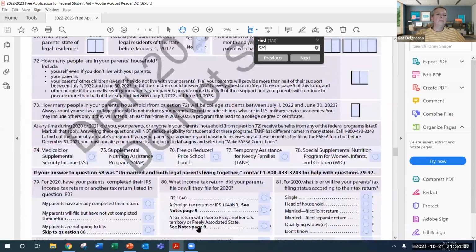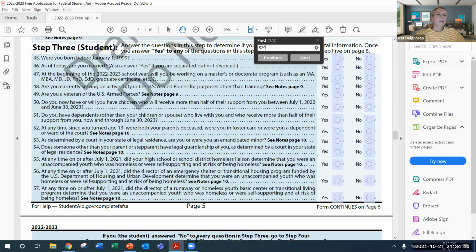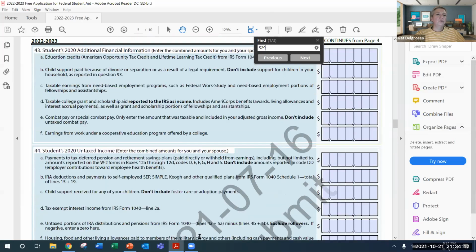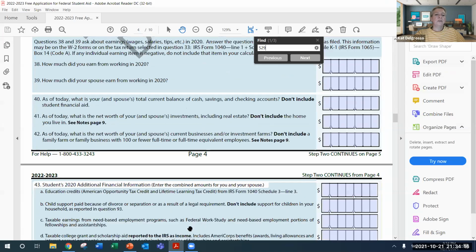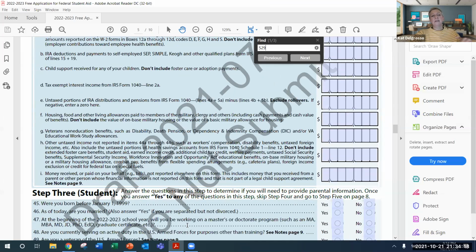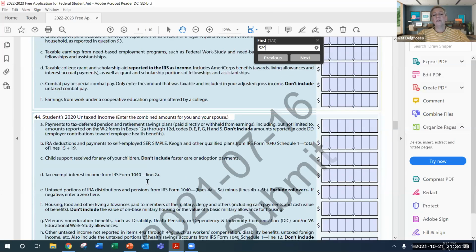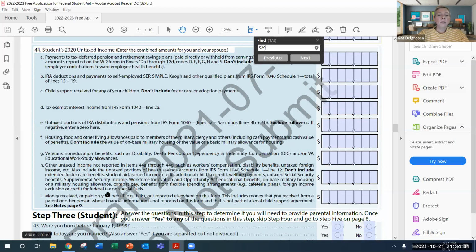44I is the student section. But this is based on 2020 though, so that's only going to really come into play once that kicks in. Because in 2020, nobody gave them any money like that. So that's the confusion.